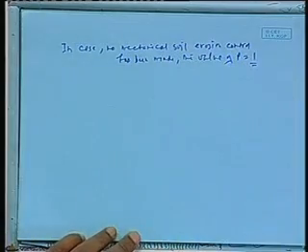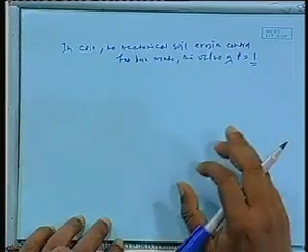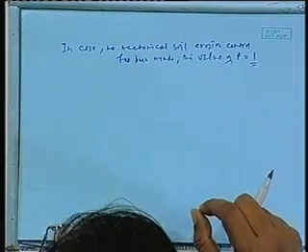Remember this, it never becomes 0 as such. 0 means everything comes to 0. It's nothing like that. If no mechanical soil erosion control has been made, the value of P is equal to 1. Now let us see a problem.